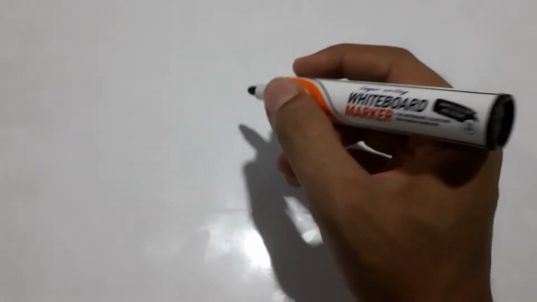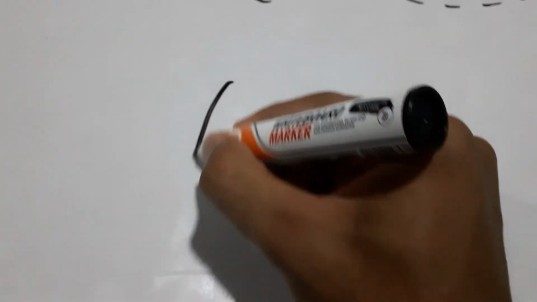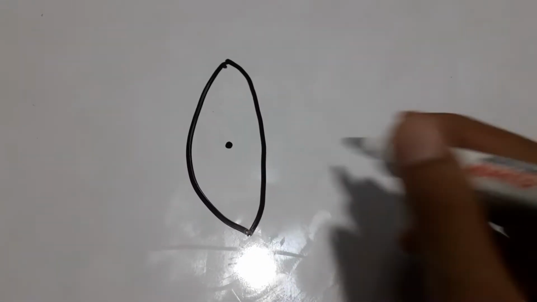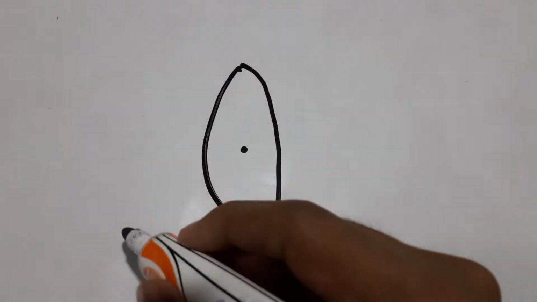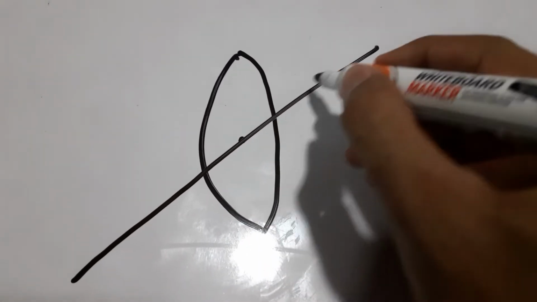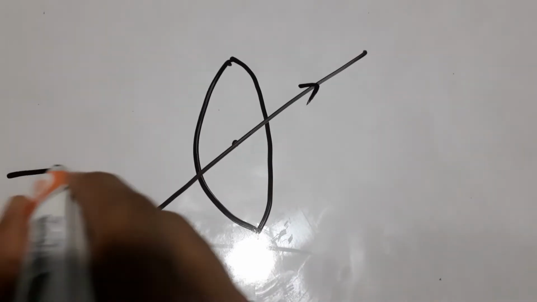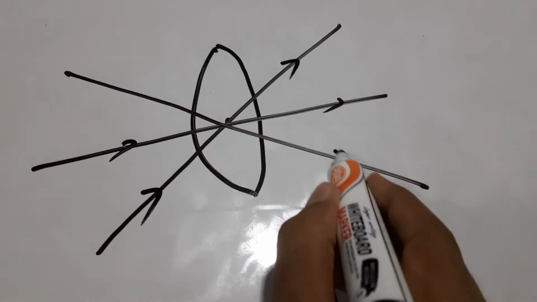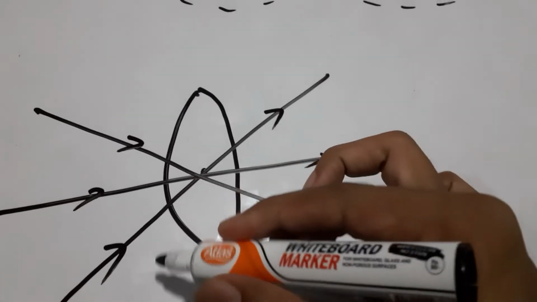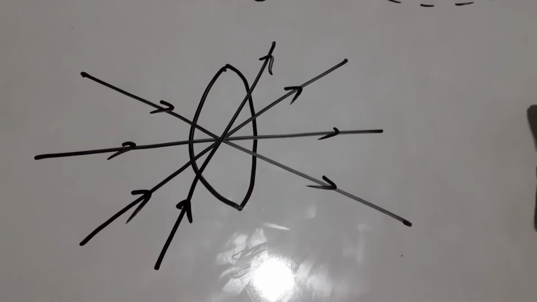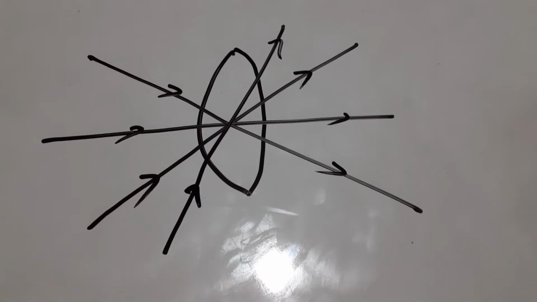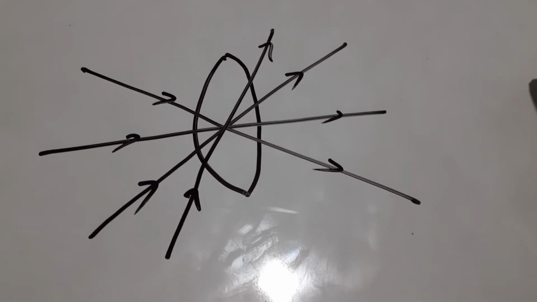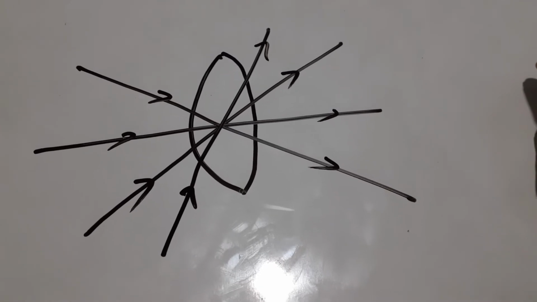So let's take a lens like this. If this is the optical center, any light ray that passes through the optical center won't be refracted, whichever way it goes. Even though lenses refract light rays, the optical center is the place where light rays do not get refracted.